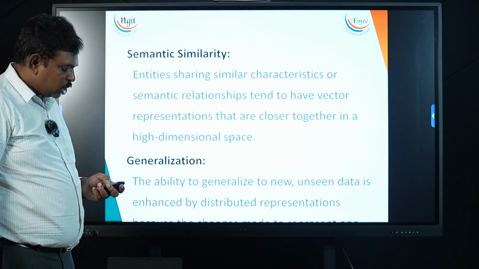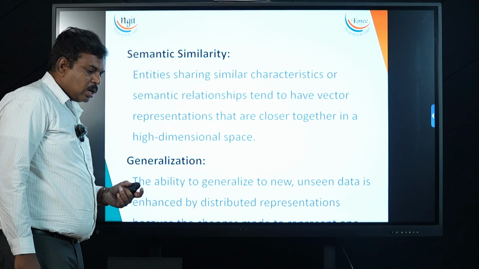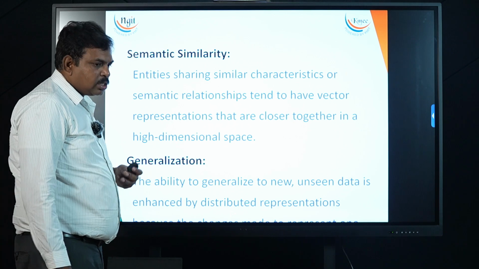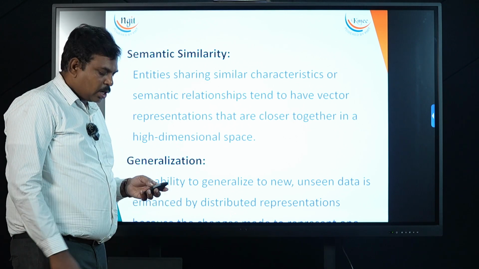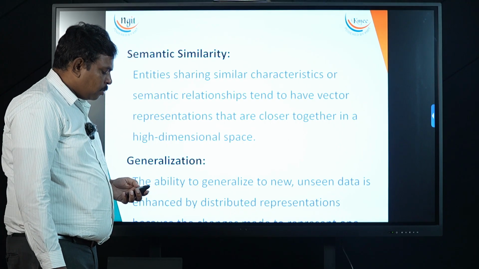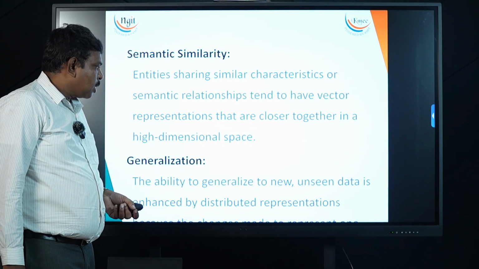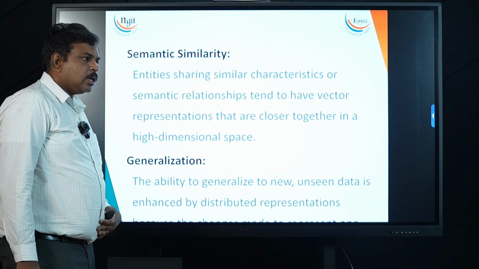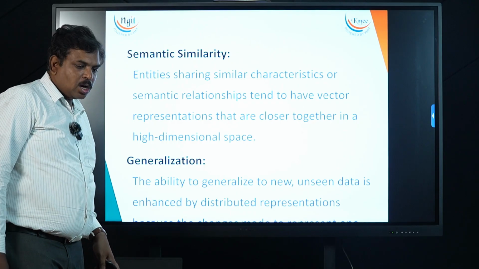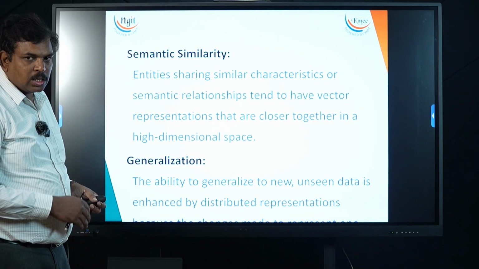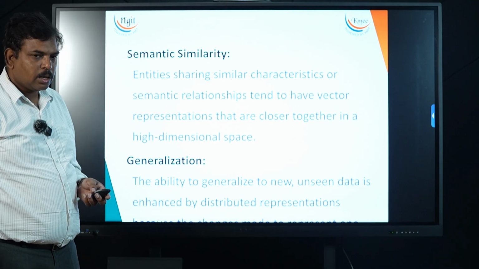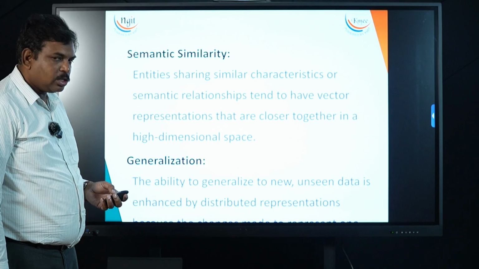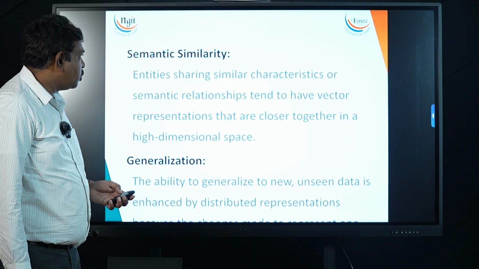Then generalization: we can see unseen data in the features when they are distributed across multiple neurons. Suppose a single neuron is holding a concept, we may not see any unseen data, but when it is distributed across multiple neurons, a new kind of data can be seen. That is one advantage of using distributed representation.